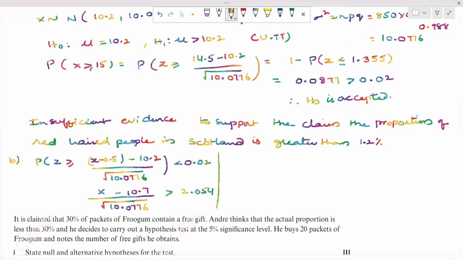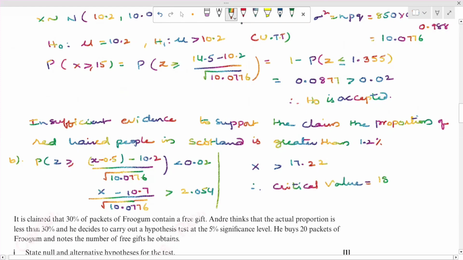So if you simplify this using calci, x is greater than 2.054 into root of 10.0776 plus 10.7, which is 17.22. So therefore, the critical value, more than 17.22 means the critical value will be 18. This is how we have to simplify this problem.